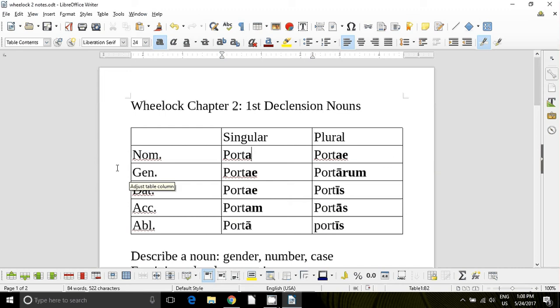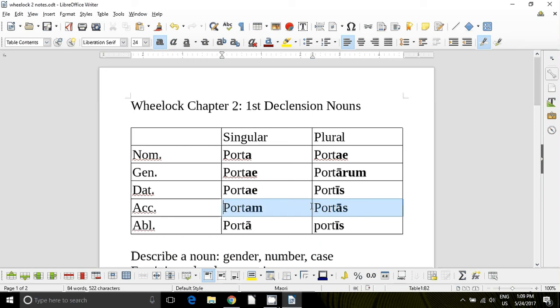If I give you a blank sheet of paper for a quiz, or our computerized quizzes, essentially just give you a blank sheet of paper, and I say write down the first declension nouns, you need to be able to do that from memory. I cannot stress enough how important and vital it is that you simply memorize these endings. And also then be able to identify them backwards.